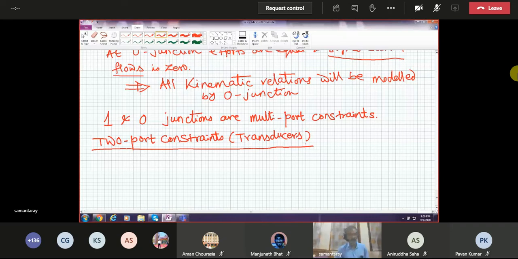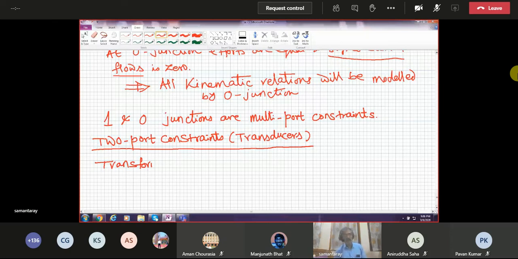So one of the transducers is called a transformer element, TF. This is a two-port element.